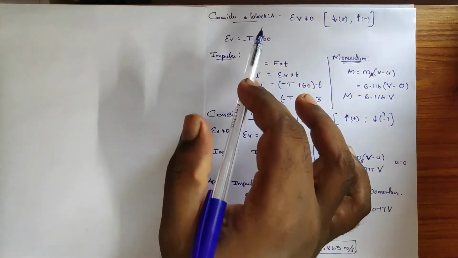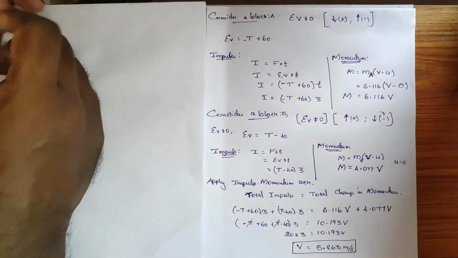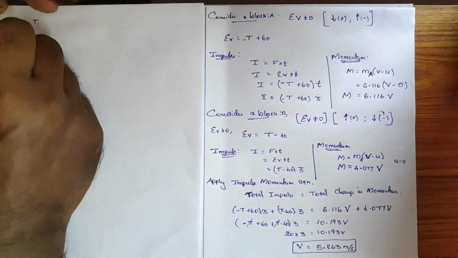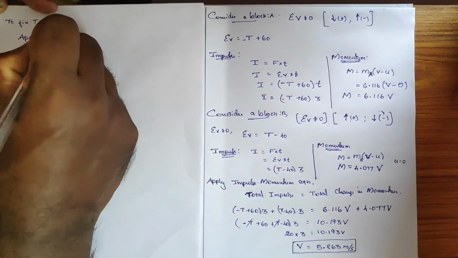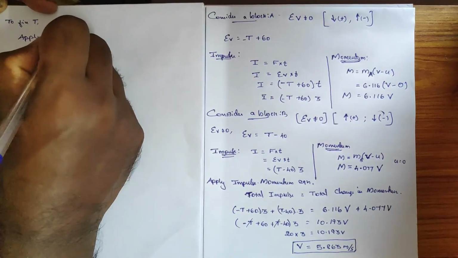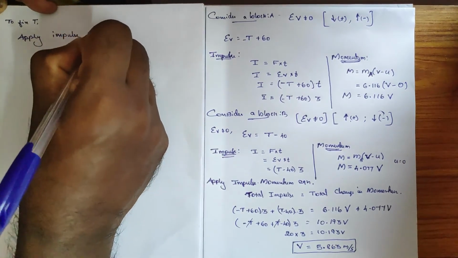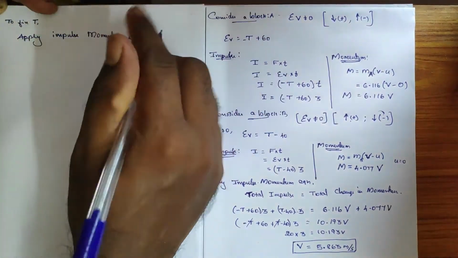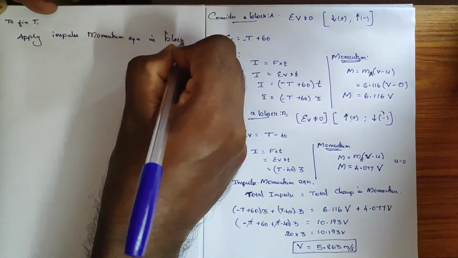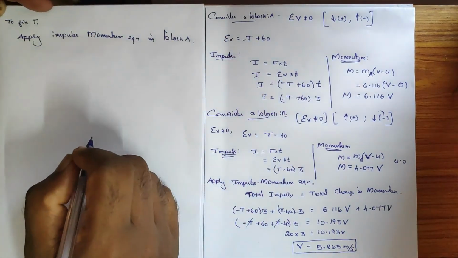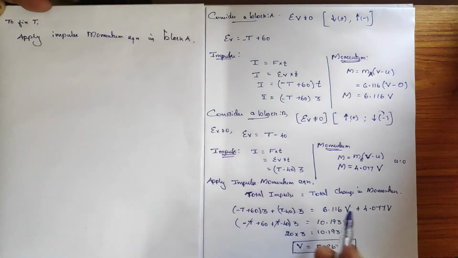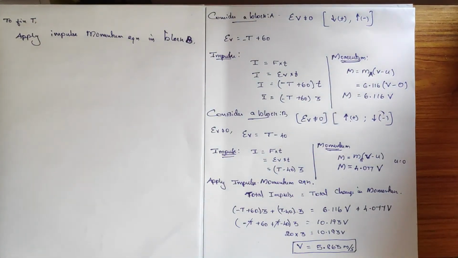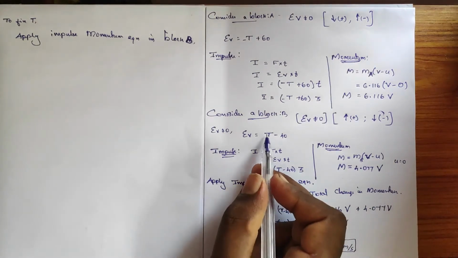That means any one of the blocks, I just going to apply the impulse momentum equation in block A, or else I can apply it in block B. In any one of the blocks we can apply it. So I'm just going with block B.